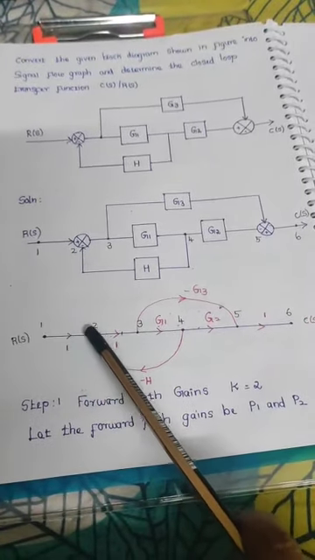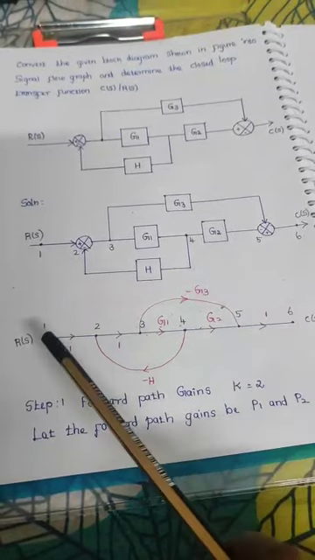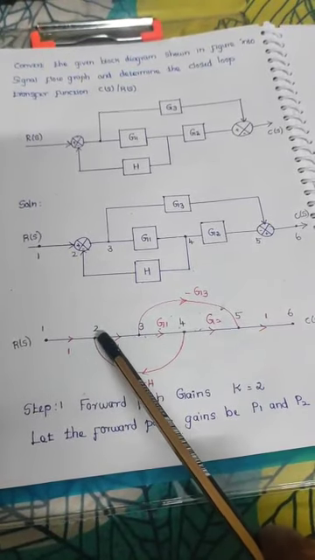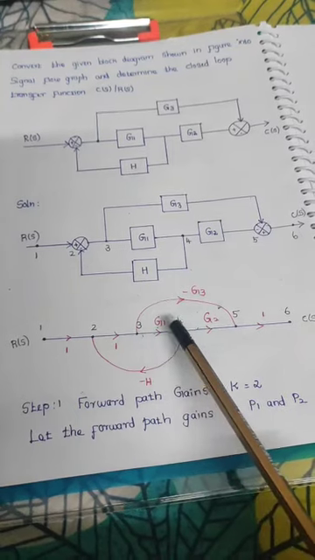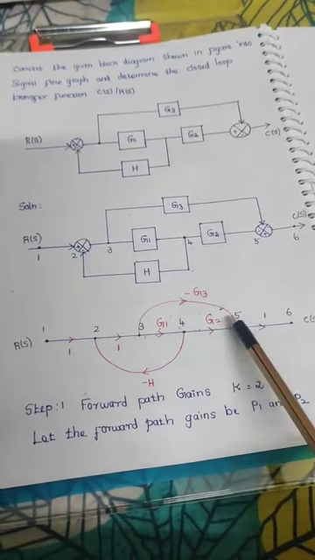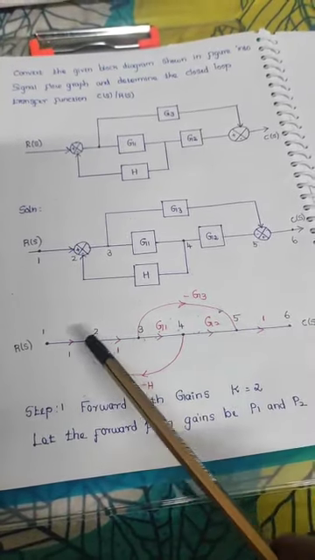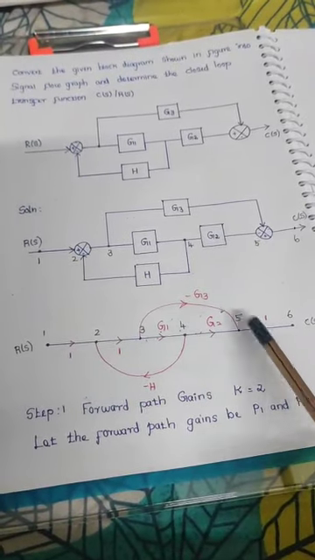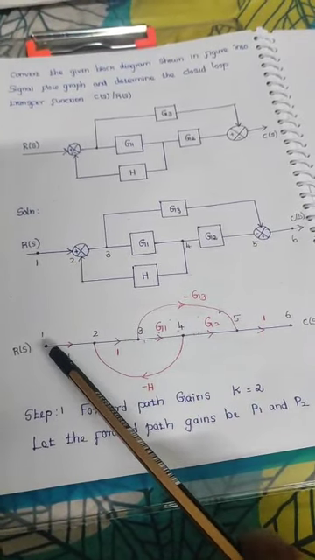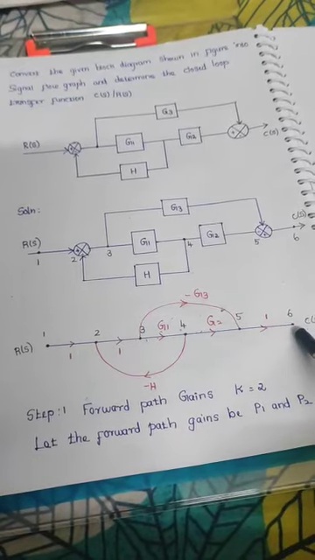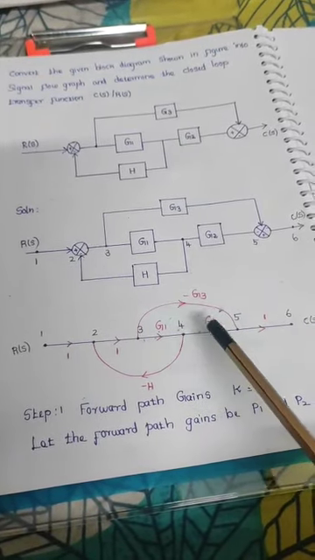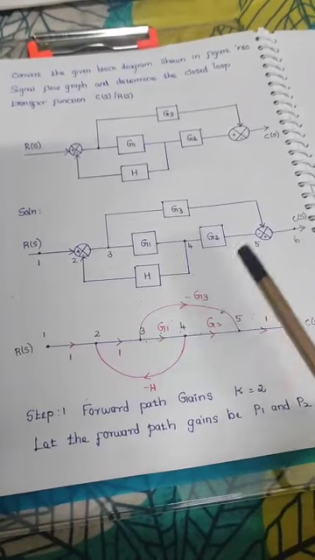Here, this is the first forward path, 1 to 2, 2 to 3, 3 to 4, 4 to 5 and 5 to 6. There is no backward arrow. It starts from node 1, ends with node 6. So, we consider this as a forward path 1.